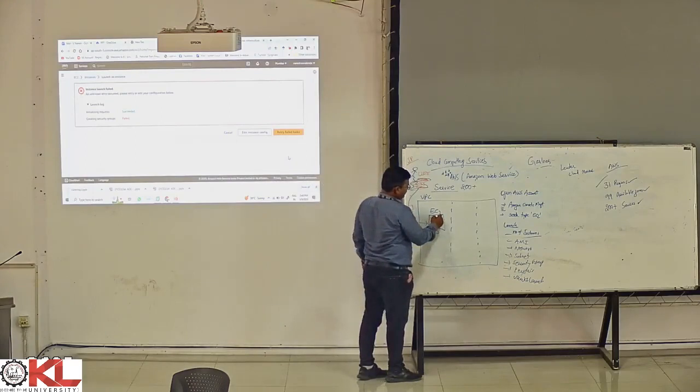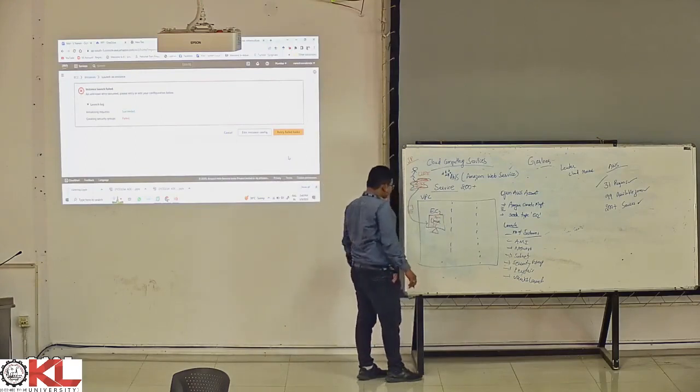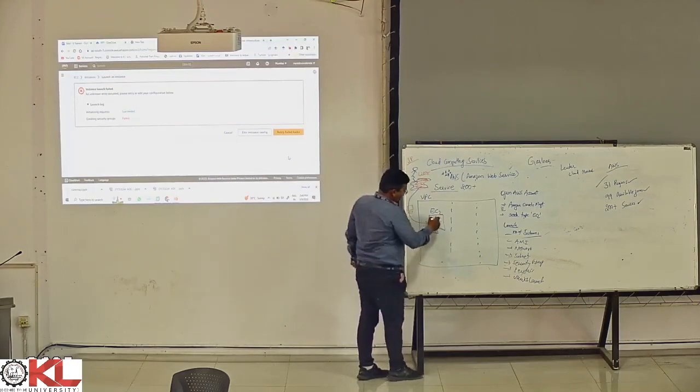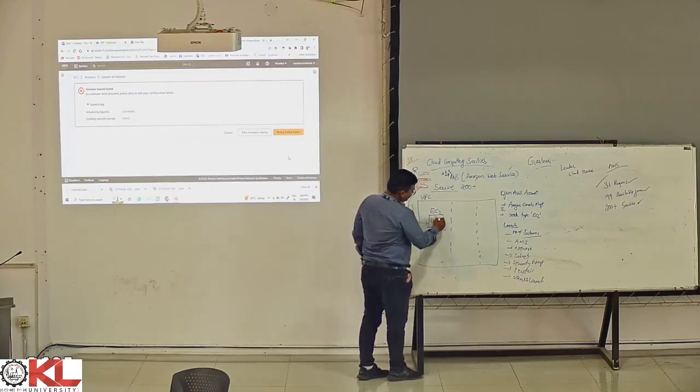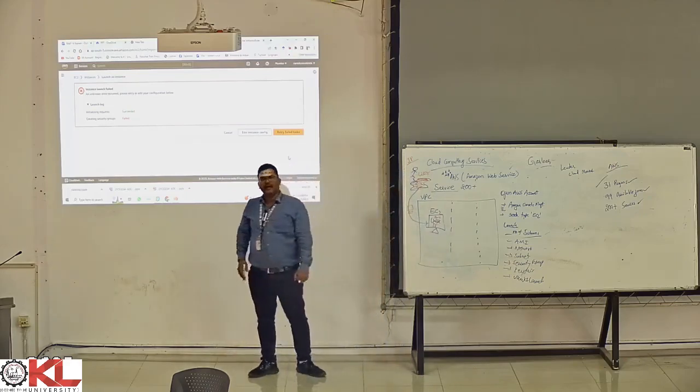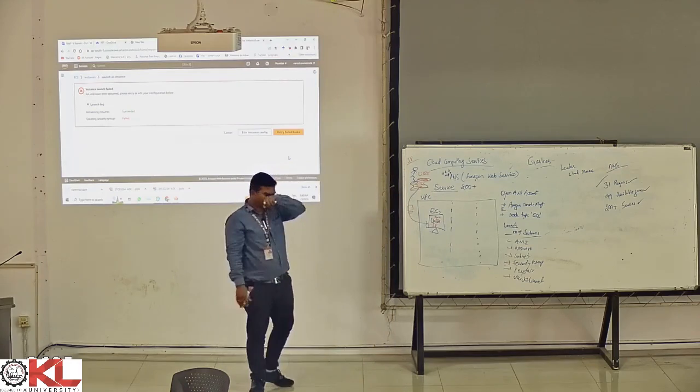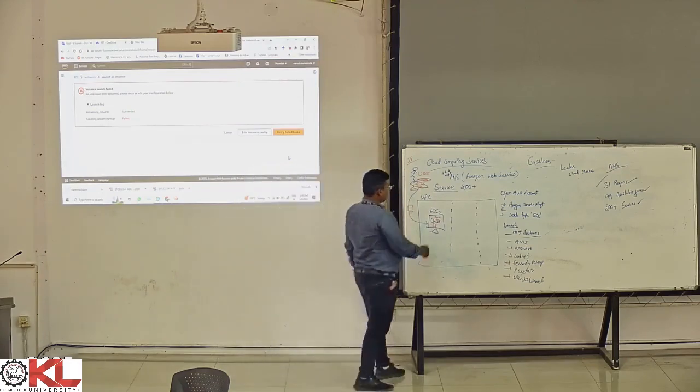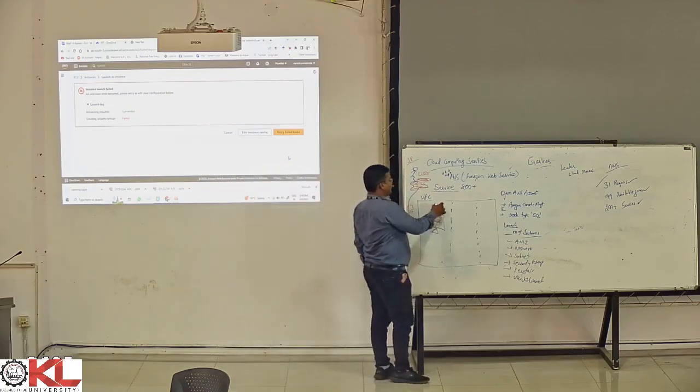So usually what we will do, we will launch an Apache service, Nginx, like that. We can launch a load balancer, auto scaling, n number of things you can add once you understand the importance of EC2.